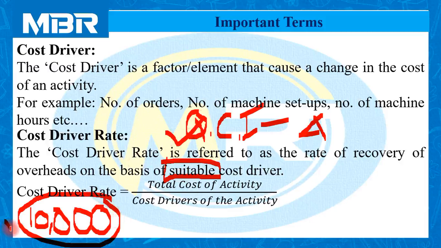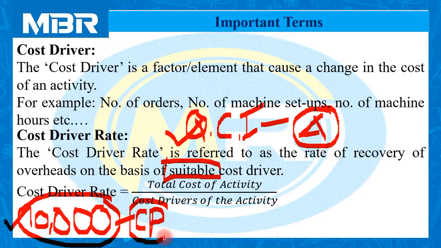So these 10,000 is the total of all concerned activities related to this task. It is known as the cost pool.